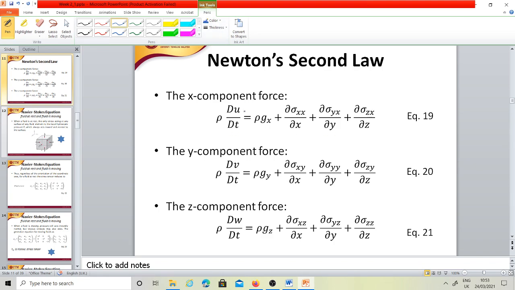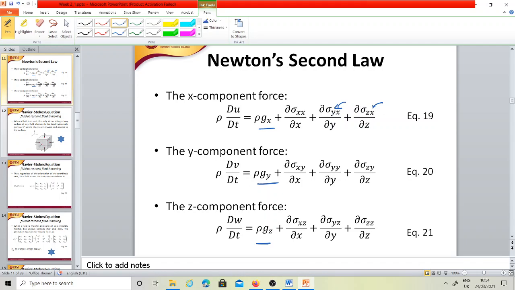This one is u, v, and w. We have gx, gy, gz. Okay, and we have sigma xx, and we have yx, zx. Remember that if you are writing x, along the x, so x should be latter, okay, and the contribution of y towards x, contribution of z towards x.